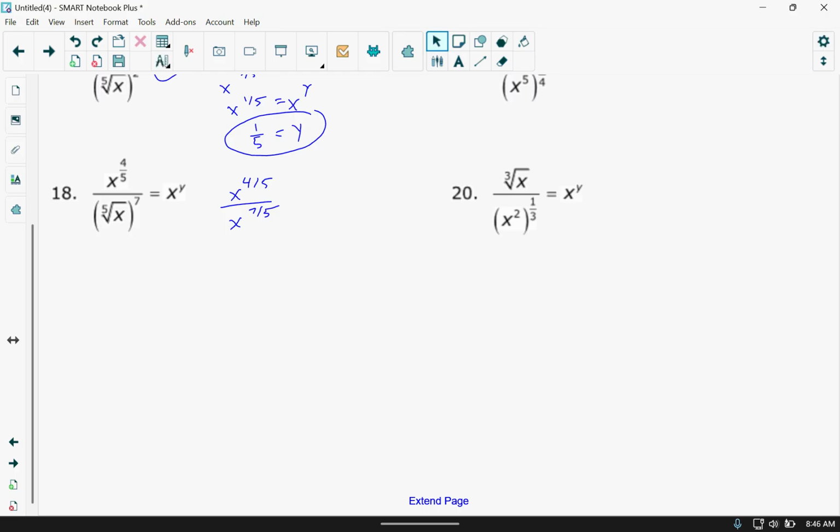Once we have one fraction on top and one fraction on the bottom, we'll have x to the 4/5 minus 7/5. 4/5 minus 7/5 would be negative 3/5. So x to the y is equal to x to the negative 3/5. So negative 3/5 is what y is equal to.